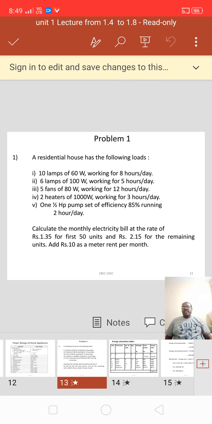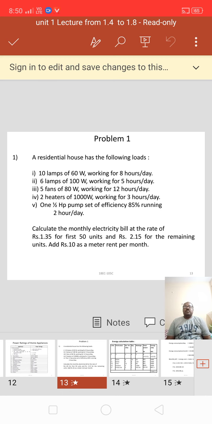For knowing the power consumption and energy consumption in our day-to-day life, we are taking some problems. The first problem: a residential house has the following loads. First, 10 lamps of 60 watt working for 8 hours in a day.